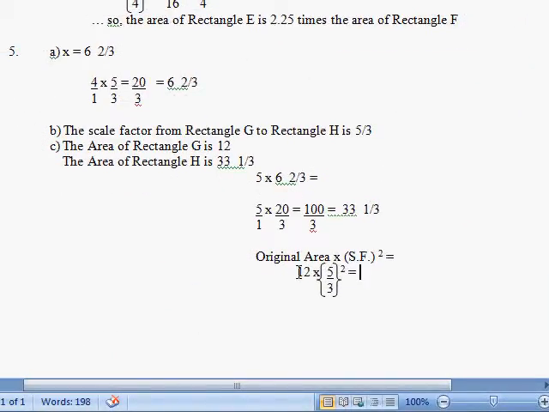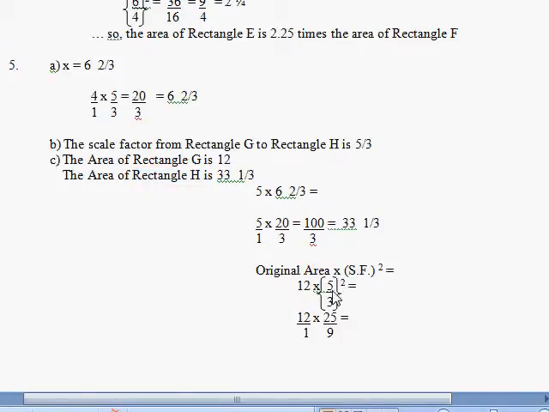So we have original area times scale factor squared is going to give us the area of H. So 5/3 squared, 5 times 5 is 25, 3 times 3 is 9, so it's 12 times 25/9, and that's what we're going to use to get our answer.